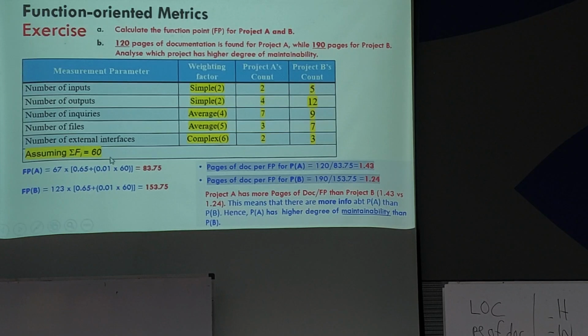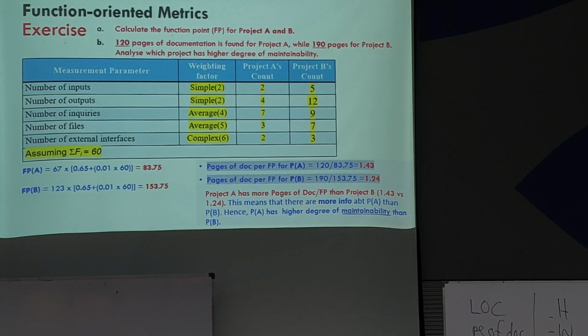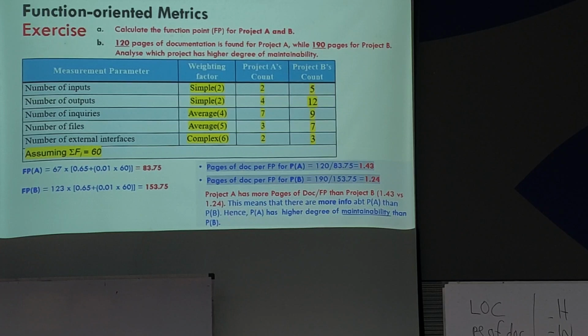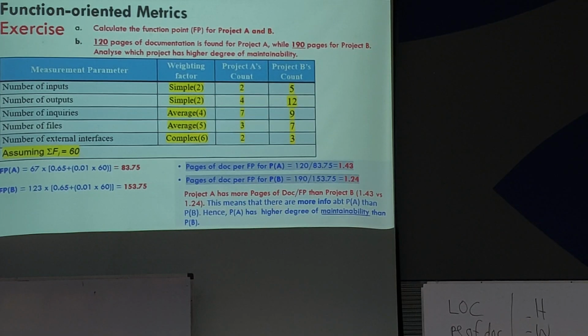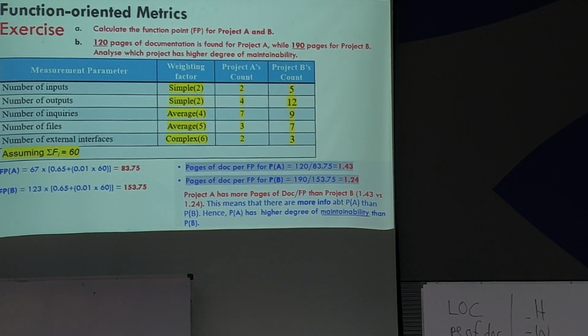So more function points can mean the project size is bigger and the project is more complicated. So what is good about function point compared to lines of code?